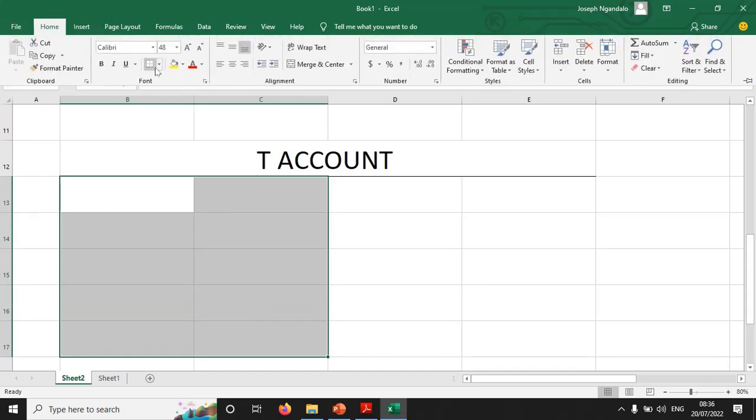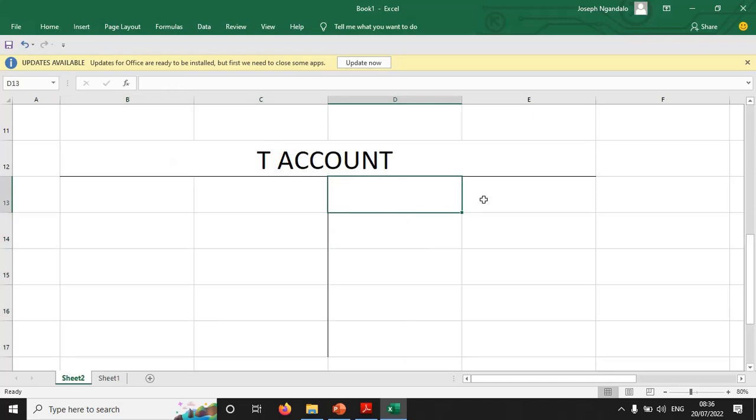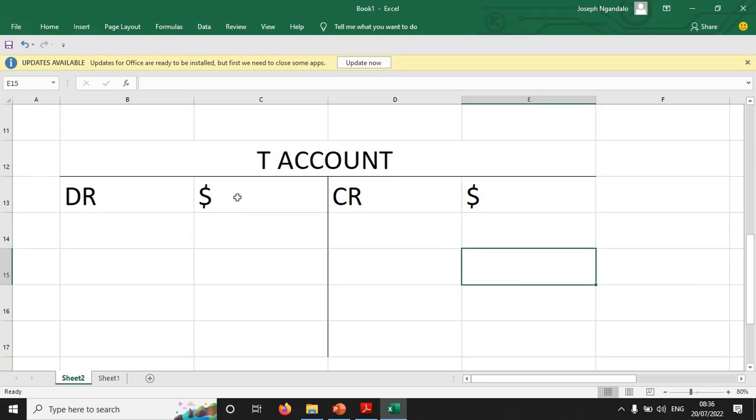I hope you can see what I'm doing here. So again, you remember that the left side is debit, and the right side is credit. Today we're going to use dollars, so allow me to do that.